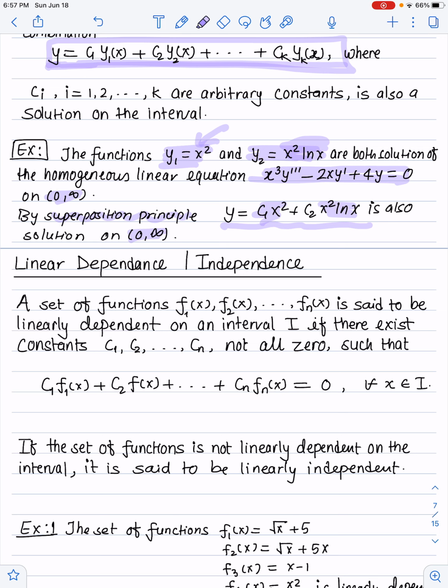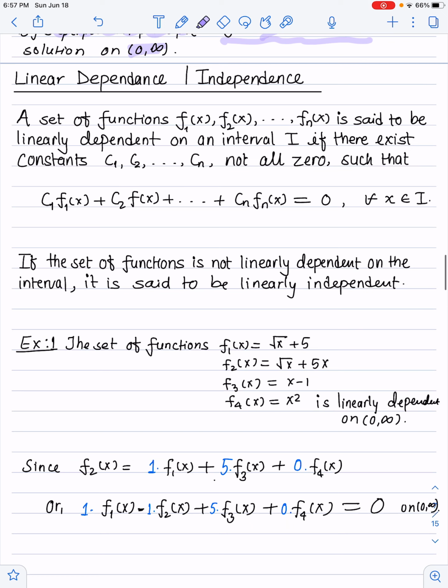Okay, and let's look at linear dependence and independence. What is a linearly dependent and independent set of functions? A set of functions f1(x), f2(x), up to fn(x) is said to be linearly dependent on an interval I if there exist constants c1, c2, up to cn, not all zeros, such that c1 times f1(x) plus c2 times f2(x) plus up to cn fn(x) equals 0 for all x on that interval.